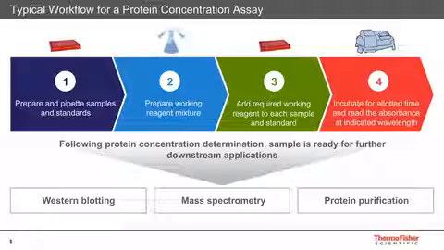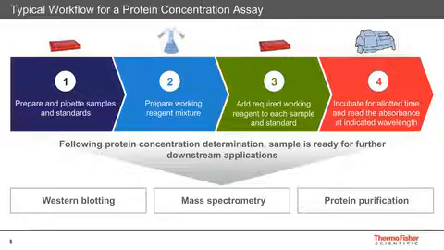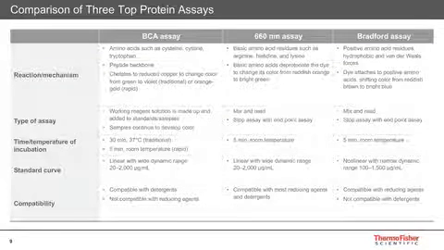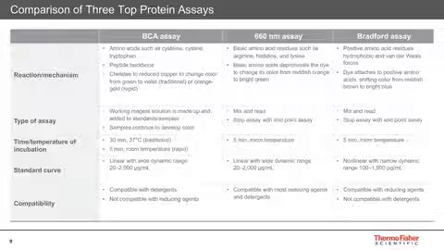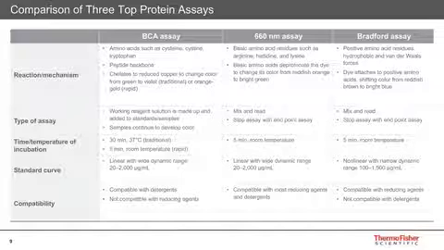You add your working reagent to each sample and standard, incubate for the allotted time, and read the absorbance at the specified wavelength. Once the protein assay is done, we can then perform downstream applications such as Western blotting, mass spectrometry, and protein purification.